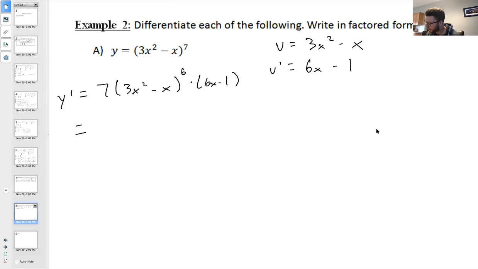Okay, so for this, we can simplify our terms. In the first one, x is common in both. So we will factor out x, which will leave us with 3x minus 1 to the 6. And we'll just have 6x minus 1 here. Now we can distribute that 6 exponent into those brackets.